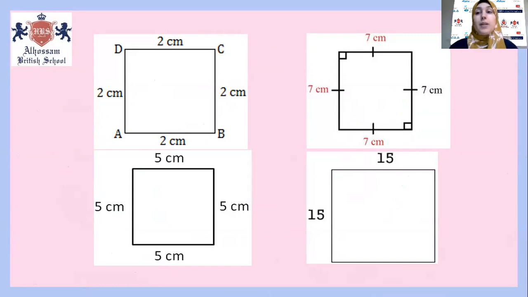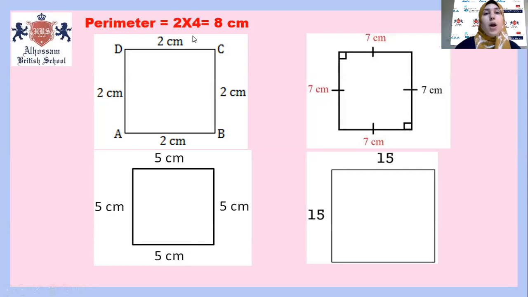Excellent. 2 multiplied by 4. The length multiplied by 4. So 2 multiplied by 4 equals 8 centimeters. Next one. Same concept. The side, which is 7, multiplied by 4. So the perimeter will be 7 multiplied by 4 equals 28 centimeters.